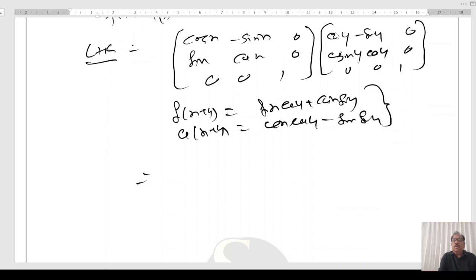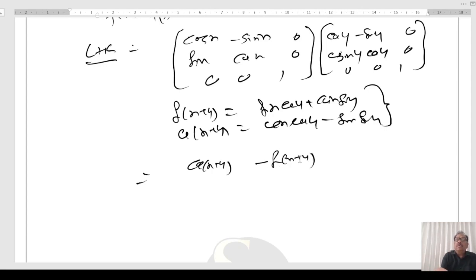The first entry is cos x cos y minus sin x sin y, 0, so this becomes cos of x plus y. First row, second column: cos x sin y plus sin x cos y, taking minus sin common, gives minus sin of x plus y.